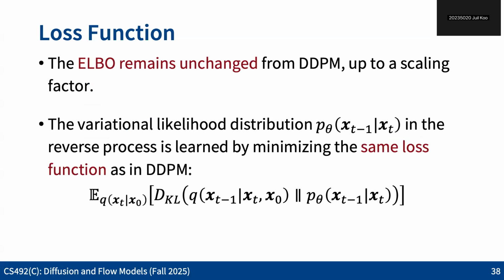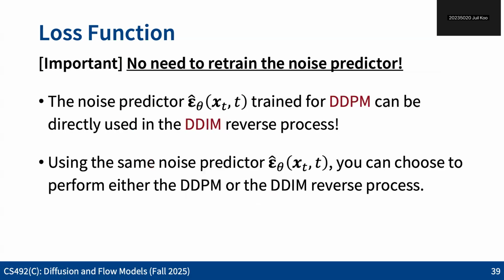Since the ELBO function will remain unchanged up to the scaling factor, the reverse transition distribution will still be defined in a way to match this distribution, and we already defined this, right, with some arbitrary variance.